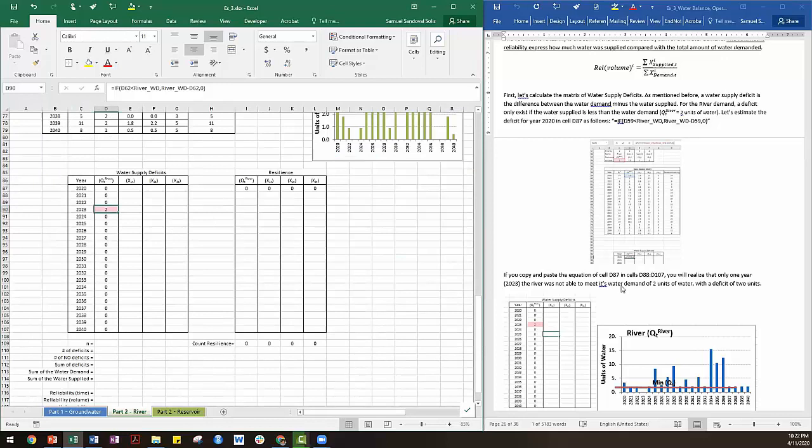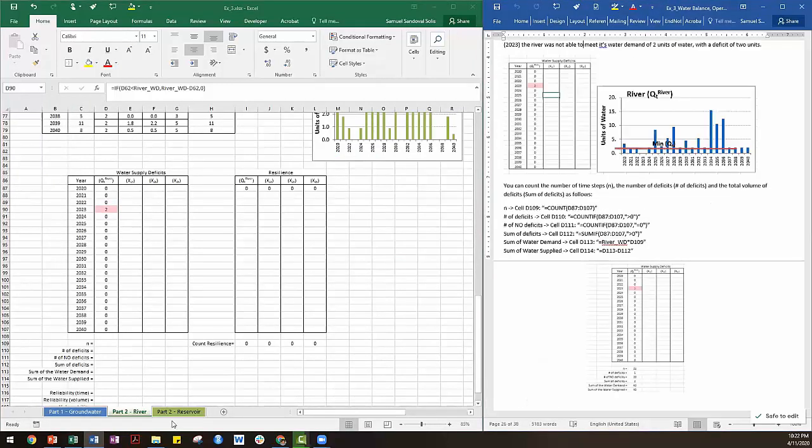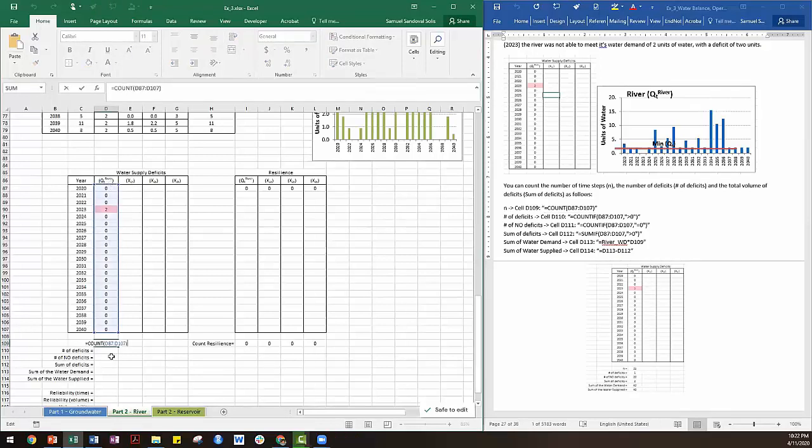Okay, now the next thing that we will have to calculate is these different variables that will help us to estimate reliability, vulnerability, and so on. The first one is to count how many years we have in this period. In this case, basically what we're saying is counting the number of times that we have a number here, which is 21.